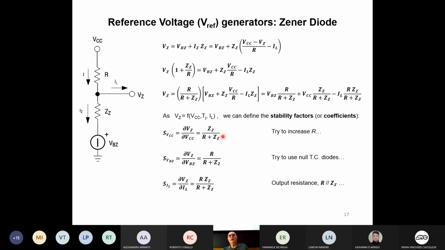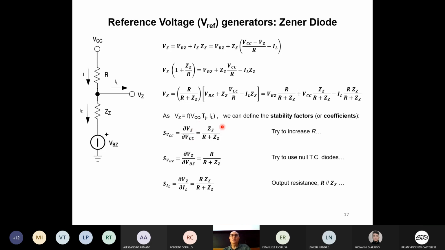Just because we have a function, VZ, that is a composite function of many variables, I can consider the partial derivative of this function on different variables, okay?